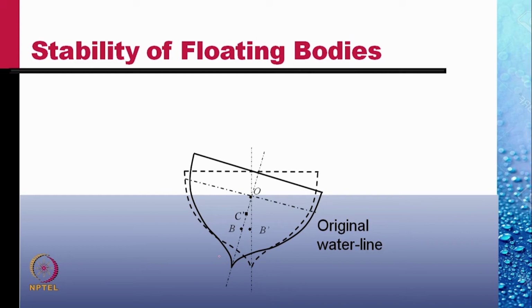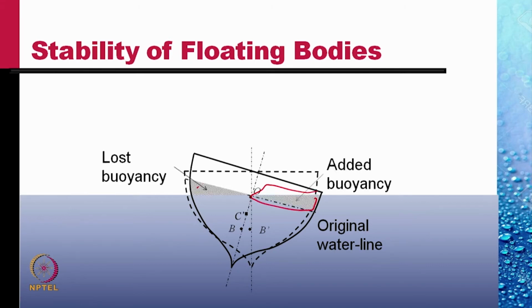Now, if the ship tilts, B is the original position of the center of buoyancy, B prime is the new position of the center of buoyancy, which is towards the right of B, because there is more water on the right, which is displaced, and less on the left. So there is added buoyancy on the right and lost buoyancy on the left. Because of this, the center of buoyancy shifts towards the right.